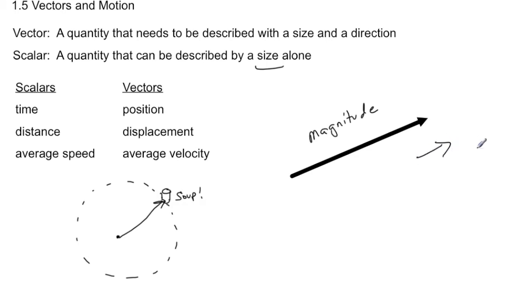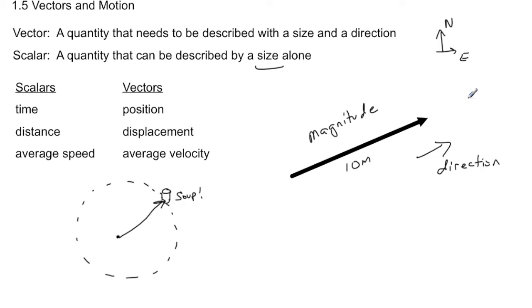So the direction of the quantity is represented by the way this arrow points. So if I wanted to represent a position, maybe this is representing 10 meters to the northeast. If we think about a compass direction, north is generally up and east is generally to the right. So this could be a 10 meter to the northeast position.